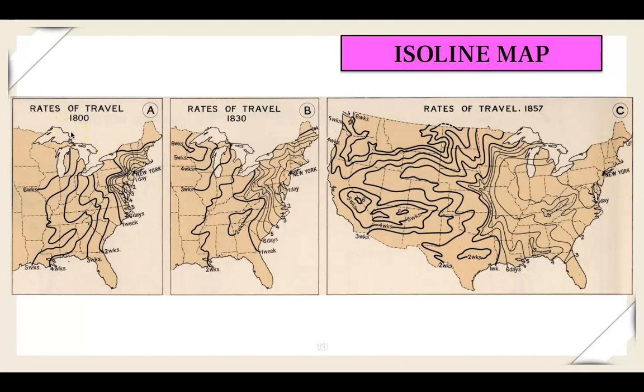So the closer the lines are together, the closer in time those different places are. So let's see here in New York. In 1800, before we have rail travel and steamboat travel and things like that, you could really only get to southern New Jersey in 1 day. Okay, if you wanted to get to Delaware, it would take you 2 days.